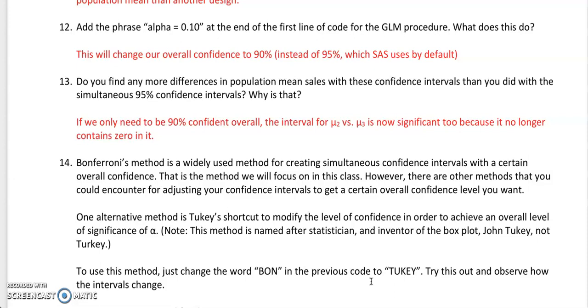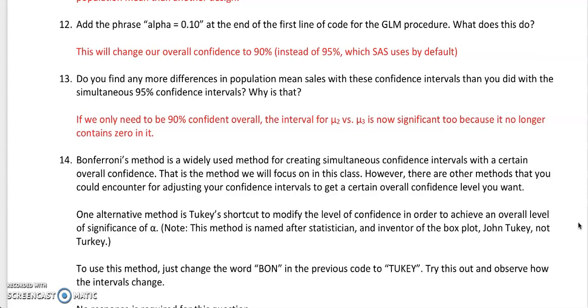But I just wanted to let you know that there are other methods. So if you replace where it said BON in the code and write Tukey, it's named for John Tukey, who was a statistician. He invented the box plot as well as several other things that we've seen this semester. You'll notice that you get slightly different intervals because it's using a slightly different method.